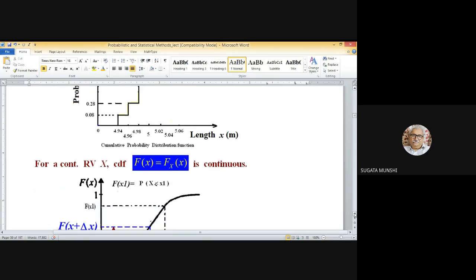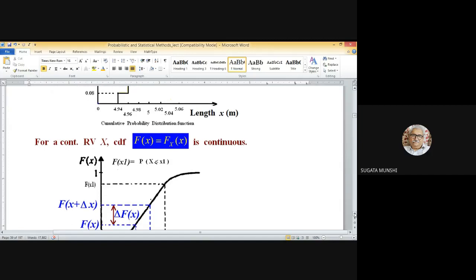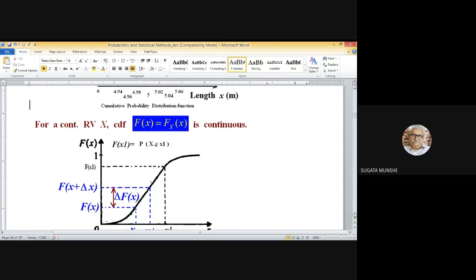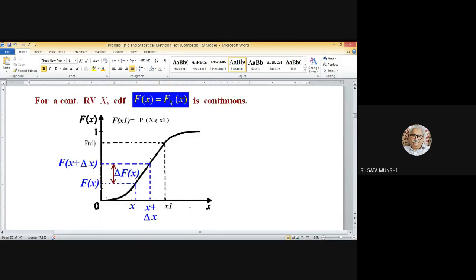So that will be the nature of the cumulative distribution function for a continuous random variable. Monotonically increasing and ultimately tending to 1 as x tends to infinity.